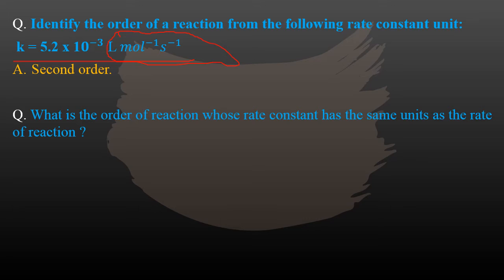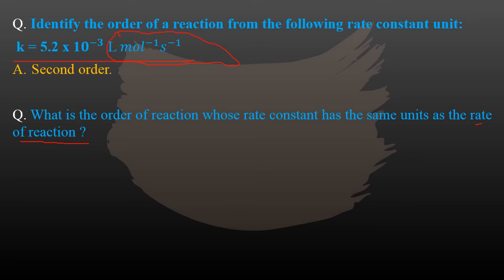As we know, rate of a reaction is change in concentration with respect to time. The unit for concentration is mole per liter, and because rate is per time, the unit of rate of reaction will be mole per liter by second, or mole liter inverse second inverse.